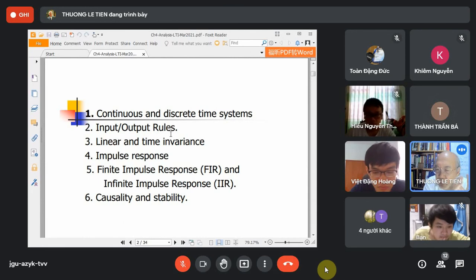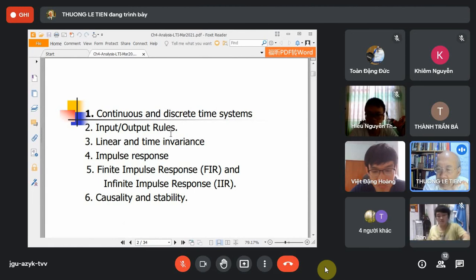For a given system, we know about the I/O relation. Then how can we check the linearity and time invariance properties of the system to conclude whether the system is linear or not, time invariant or time variant? Time invariance, in short, we just say TI.